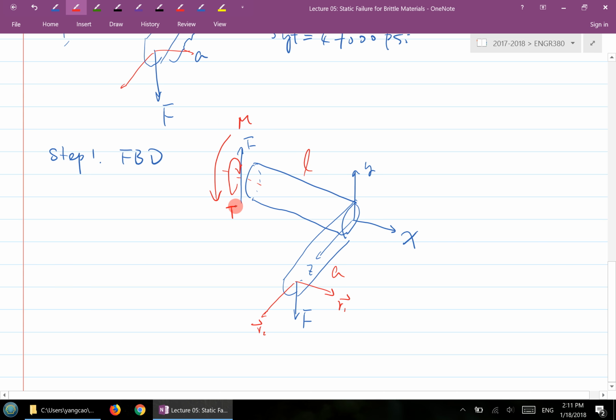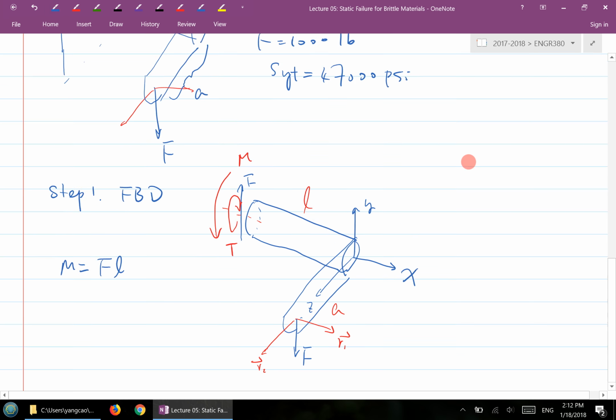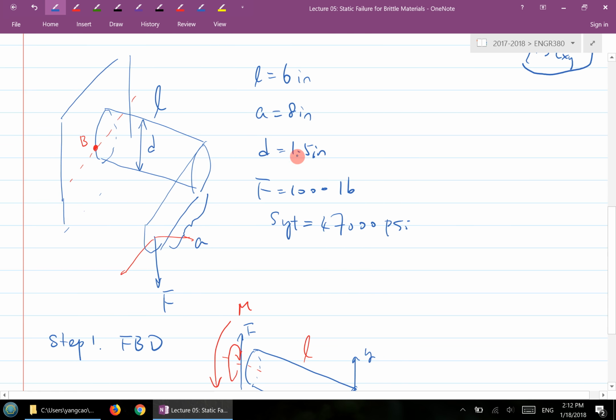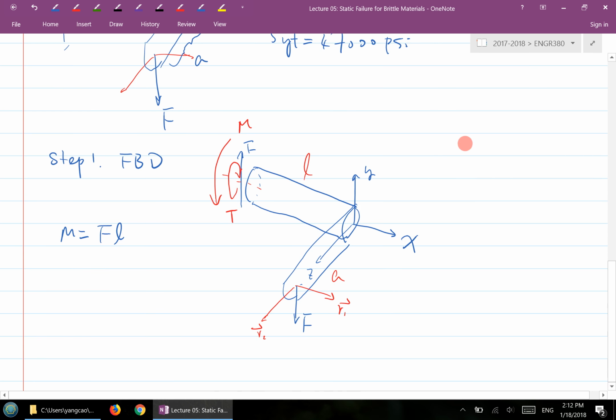Now we can calculate the numbers. The absolute value of M is F times L. F is 1,000 and L is 6, so that equals 6,000 pound-force-inch.